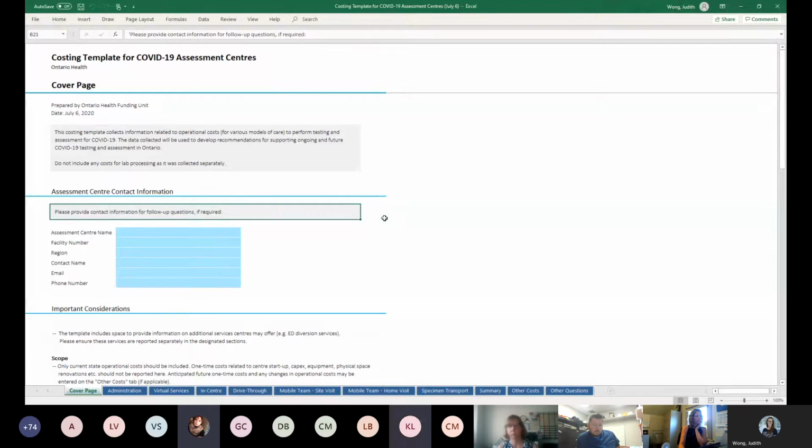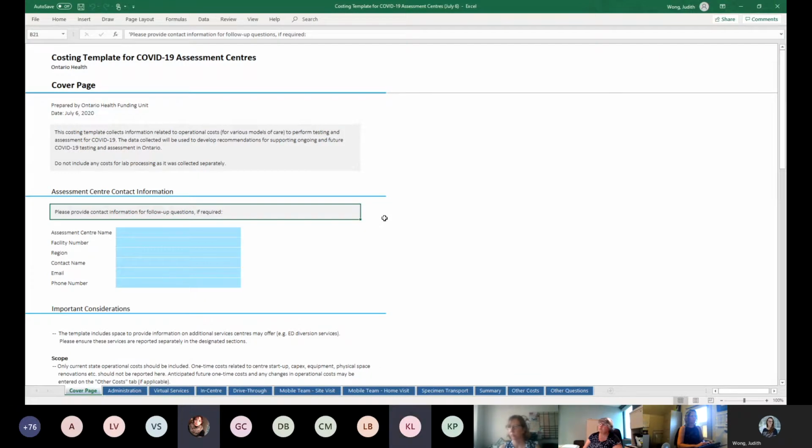And we have had a number of inputs from some of you to help us understand the cost drivers for each of the models of care. And that's what we've put together as a template for you. So it may not be 100% reflective of your situation, so we'll need to figure out how to make it reflective.